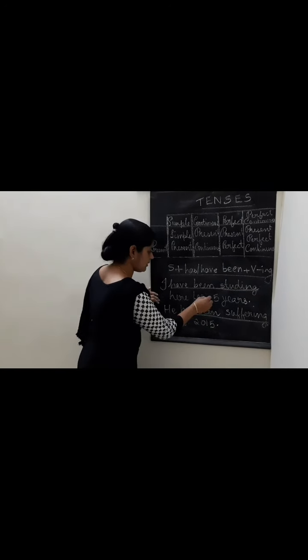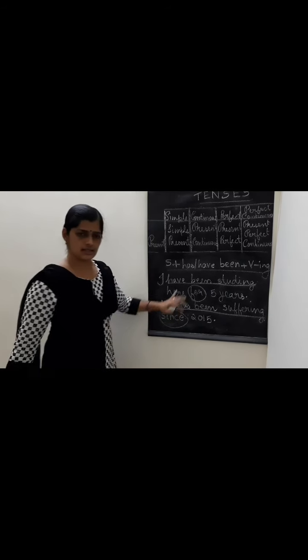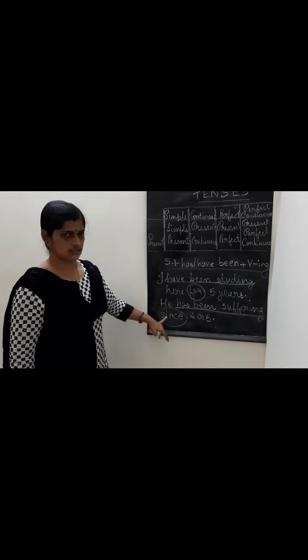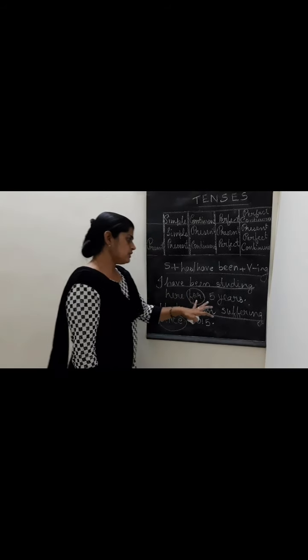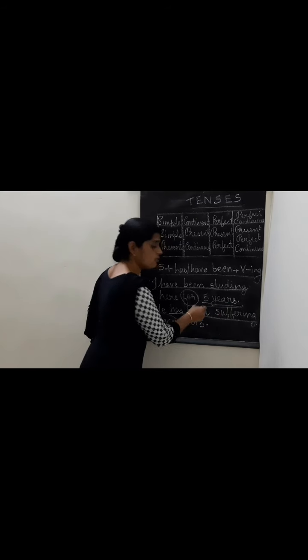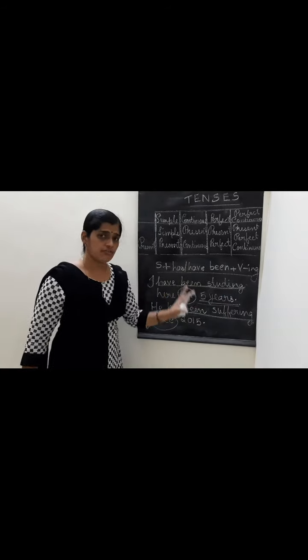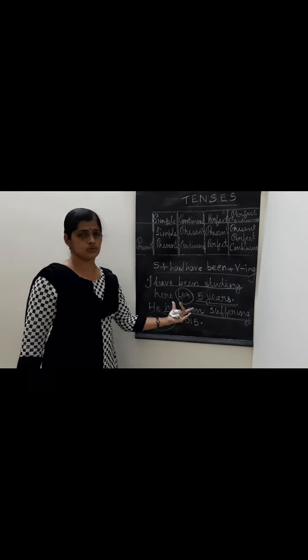So here you might have noticed the usage of for and since. For is used to refer to a time period, an amount of time, like 5 years. When you are referring to an amount of time, you use for.